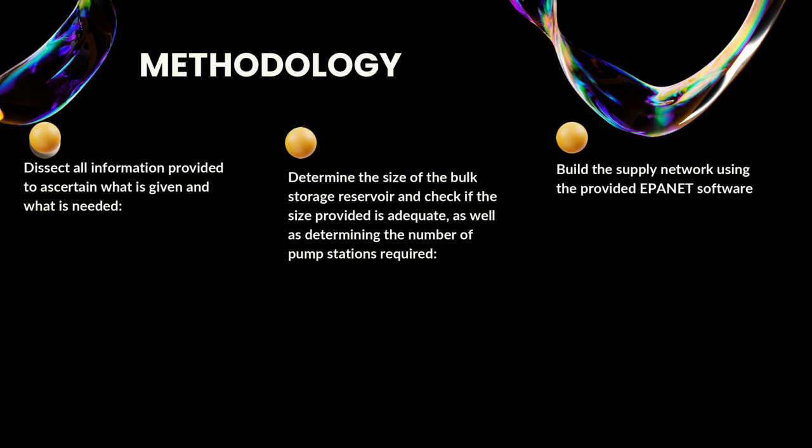Understand the infrastructure and align the pumps that must be used to overcome the elevation discrepancy. Determine the size of the bulk storage reservoir and check if the size provided is adequate, as well as determining the number of pump stations required.